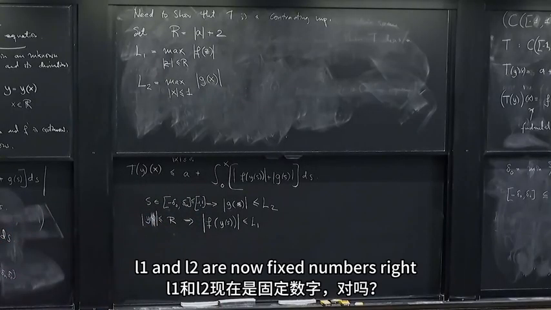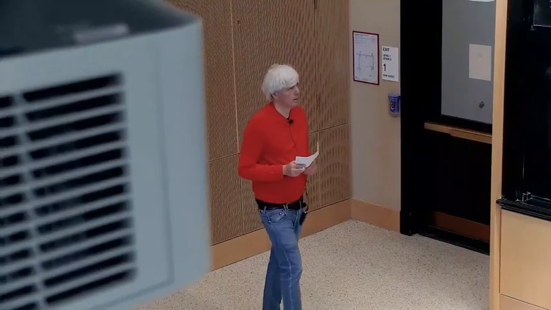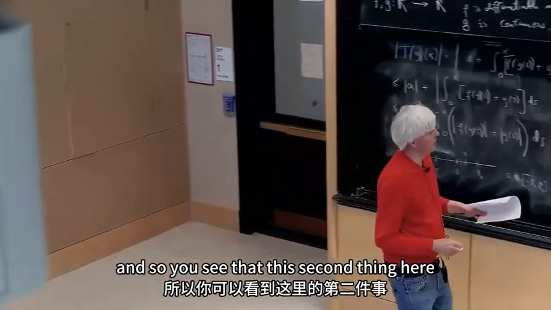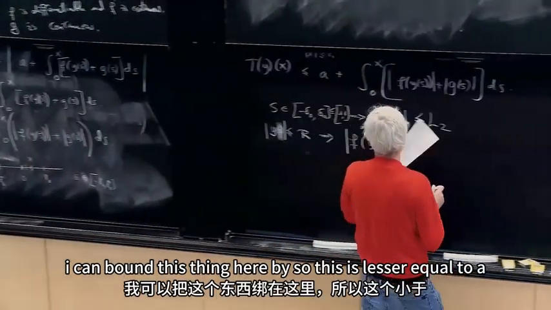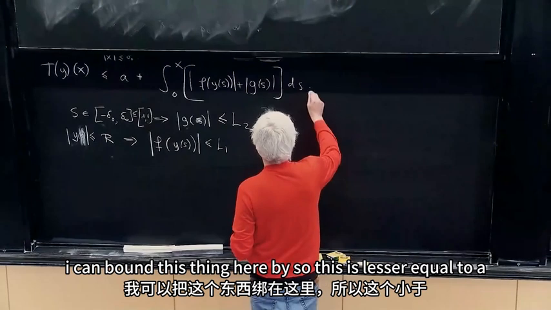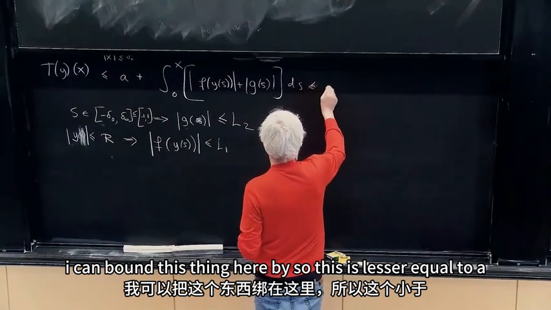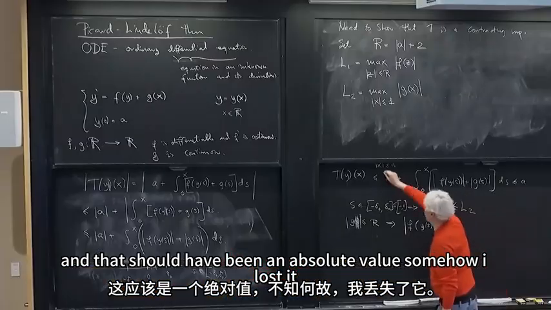L1 and L2 are now fixed numbers, right? And so you see that I can bound this by |a|, and that should have been an absolute value.